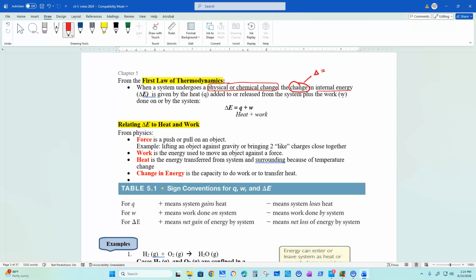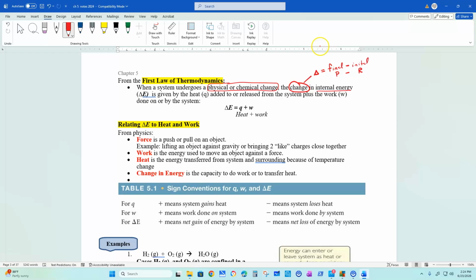What that triangle means is we take the final information minus the initial information. We like to also call it products minus the reactants, okay? So we call it a triangle E, and sometimes in math, that triangle is called a delta. I always call it delta because that's how I learned it back in math.